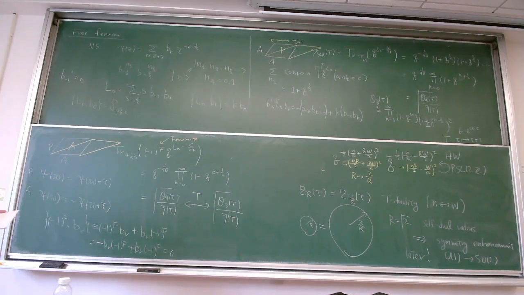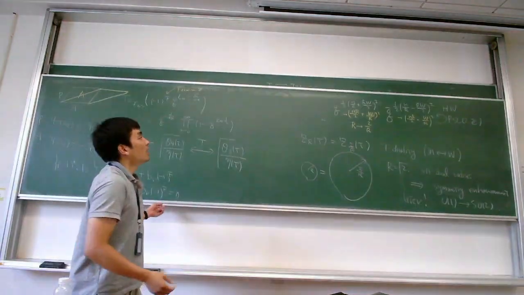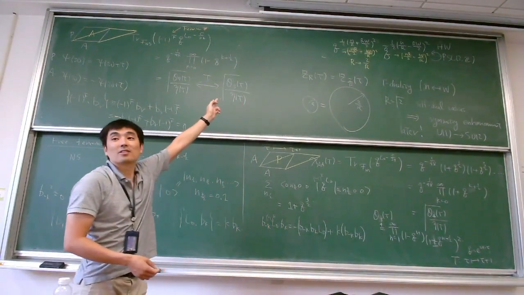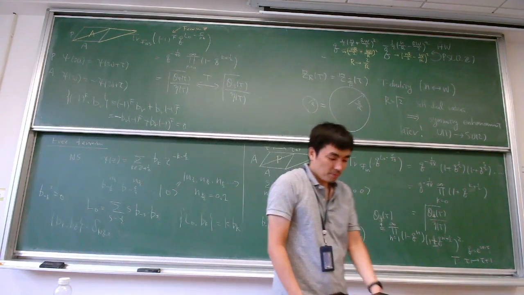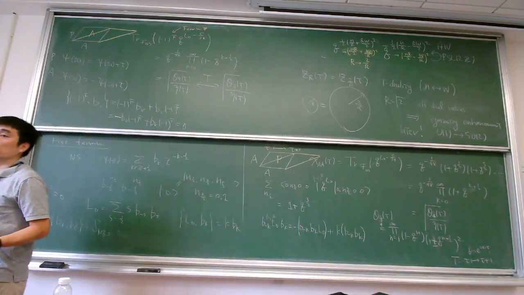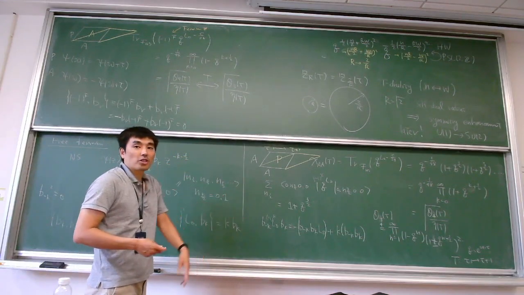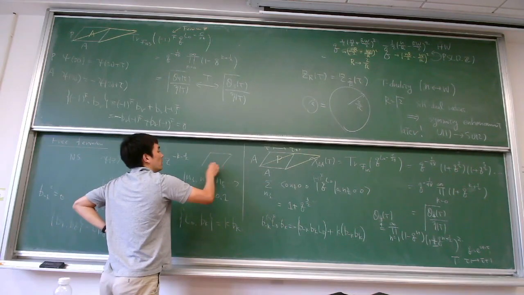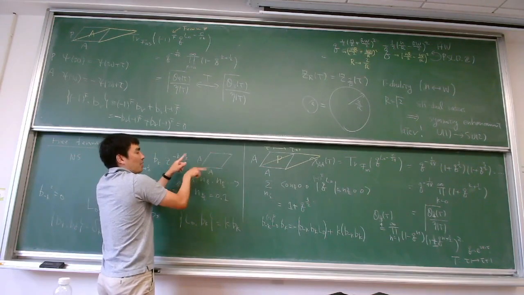Oh yeah. And I have to say that we learned the T transformation, and PSL(2,Z) is really generated by T and S, the T matrix and S matrix. So we can ask the same question: what happens under the S transformation? The S transformation essentially swaps the spatial directions.